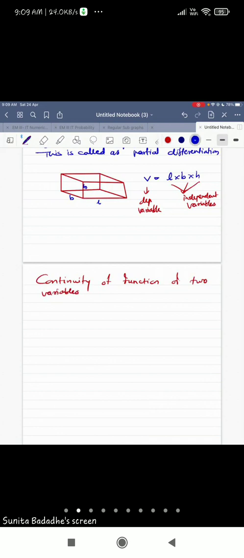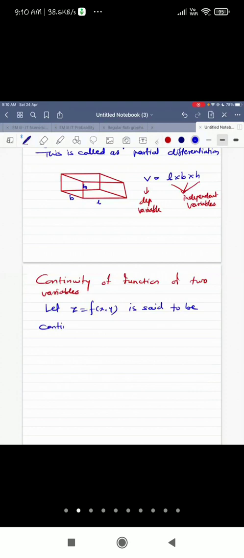Let z equal to f of (x, y) be a function of two variables. It is said to be continuous at the point (a, b).